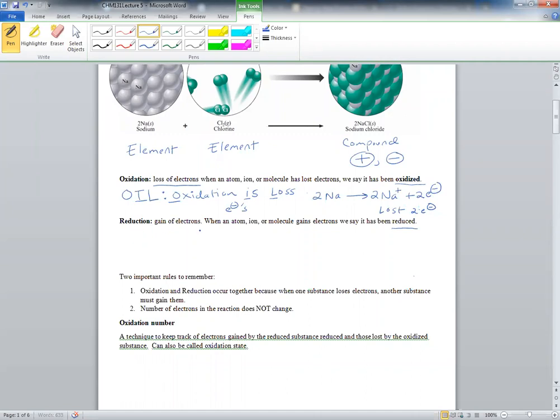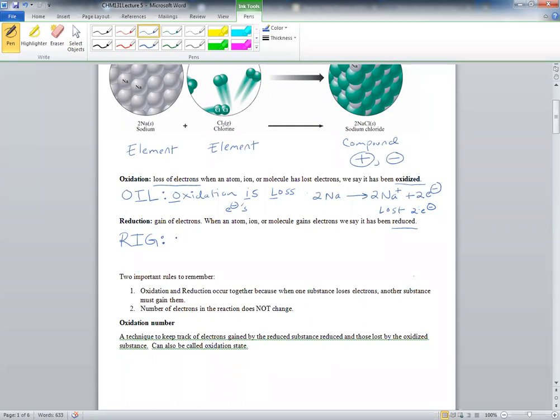Reduction is the gain of electrons. And that acronym is RIG, OIL RIG. If you know what an oil rig is, it's that structure used in oil fields to extract the oil and petroleum from underground. It's called an oil rig.